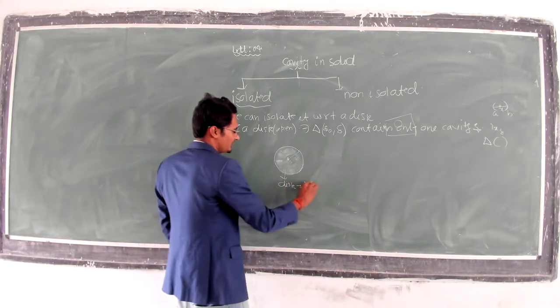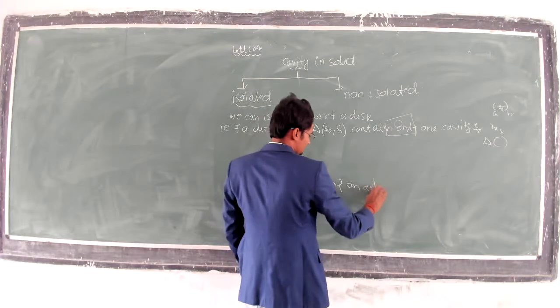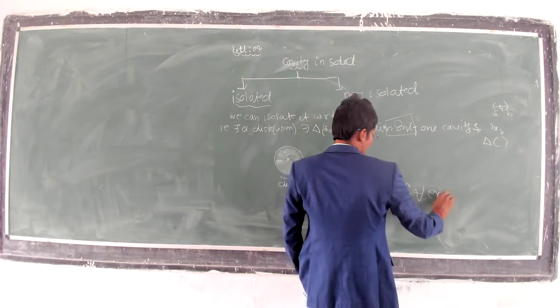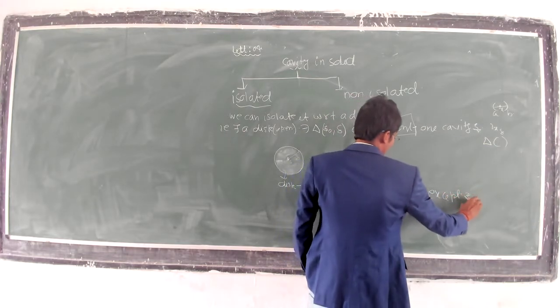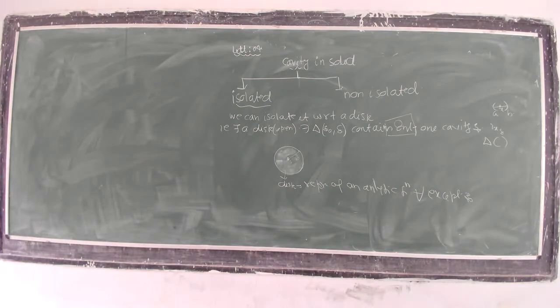Disk means a representation of an analytic function everywhere except Z0. Okay? If you remember the bicycle, if you go somewhere and there is a puncture in the tube, one puncture is known as an isolated singularity. So isolated means this is a puncture in a solid. But if at the same point so many punctures are there, then the tube will be broken, right?